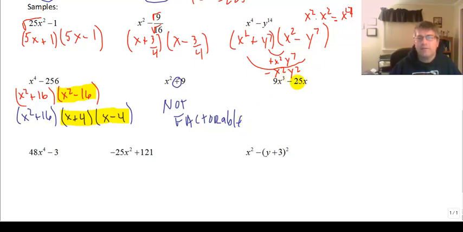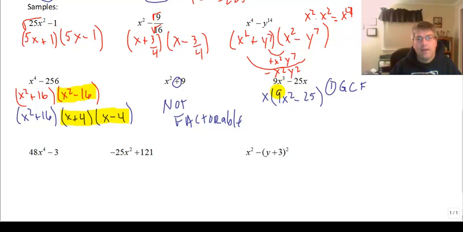9x cubed minus 25x, it looks like a difference of two squares. 9 is a perfect square, 25 is a perfect square. But we can't take the square root of x and we can't take the square root of x cubed. However, our first rule of factoring is to take out the GCF. And our greatest common factor here is x. So we factor out the x and we're left with 9x squared minus 25.